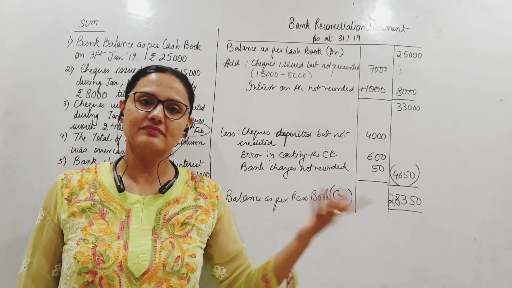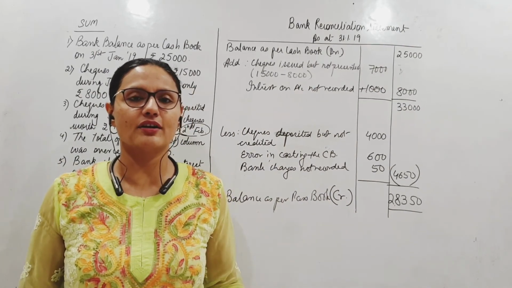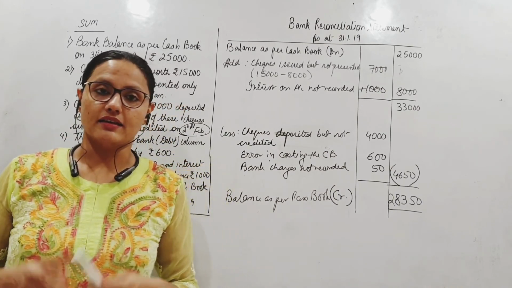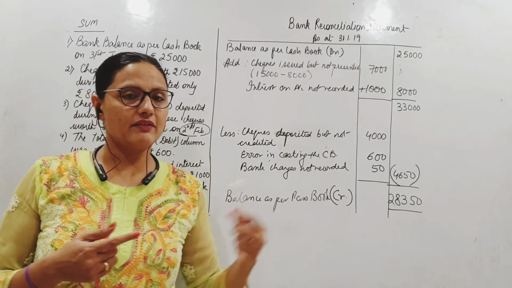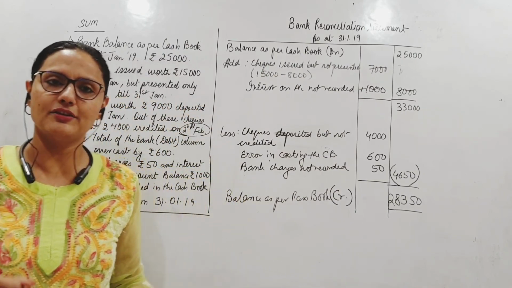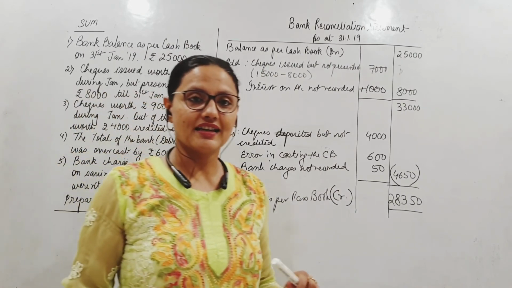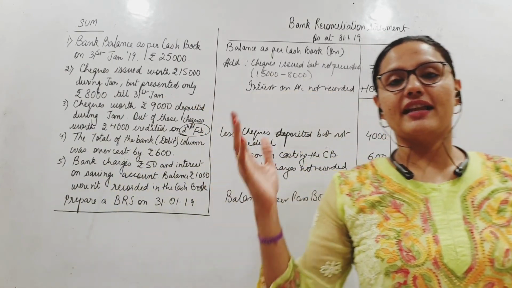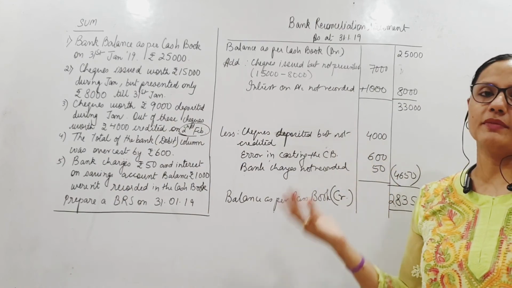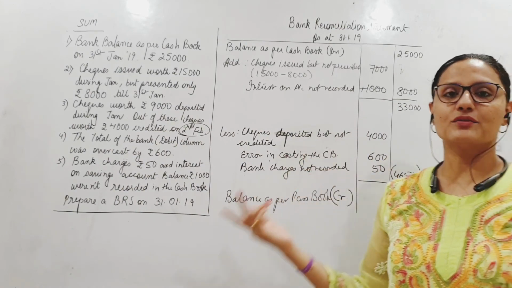Why? Because these are two different parties recording it. Whenever I deposit something into the bank, it's my asset. Whenever the bank is receiving something from me, it's a liability for it. It has to return it to me. Are you understanding this? Therefore, these are like mirror images. यहाँ का डेबिट कैश बुक का पासबुक में क्रेडिट होगा, and vice versa.